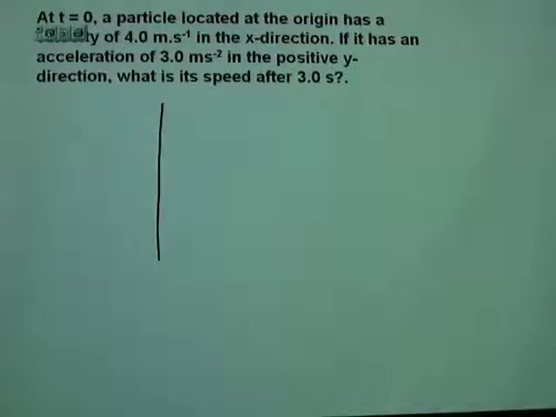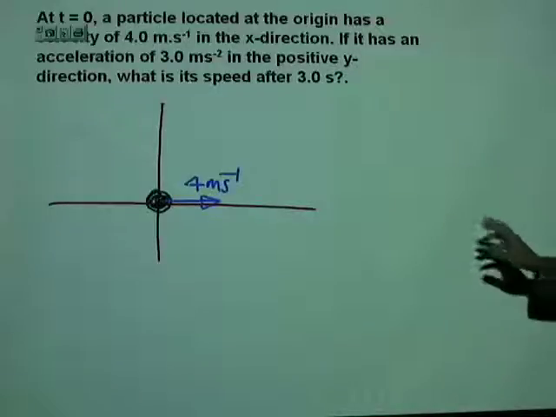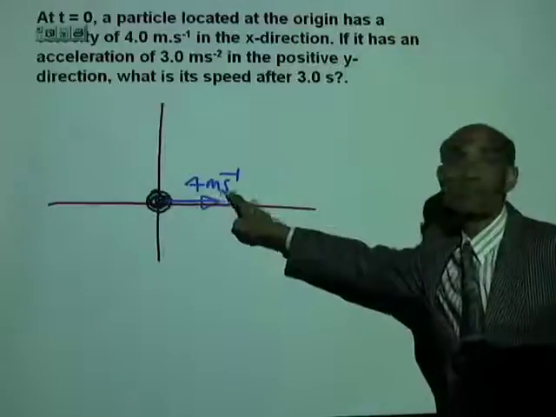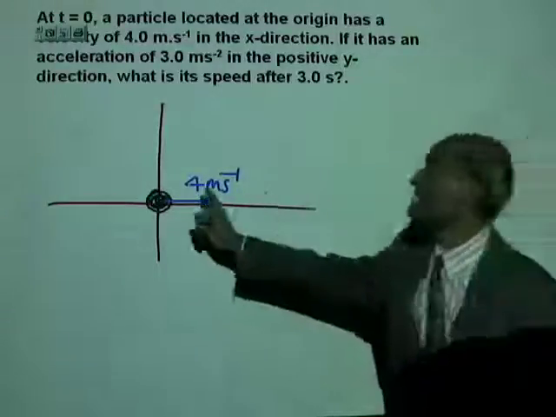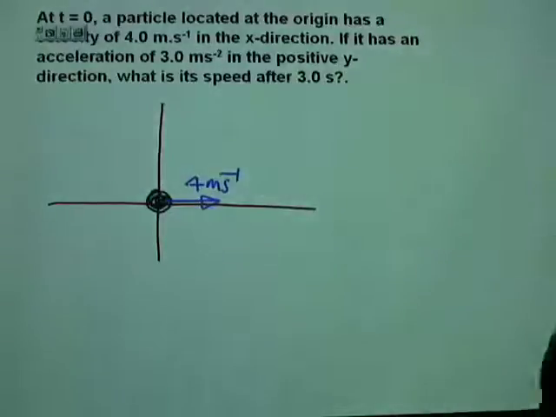Alright, now this is the origin. At the origin, this is the object. It has a velocity of 4 meters per second in the x direction, and it has an acceleration in the y direction.